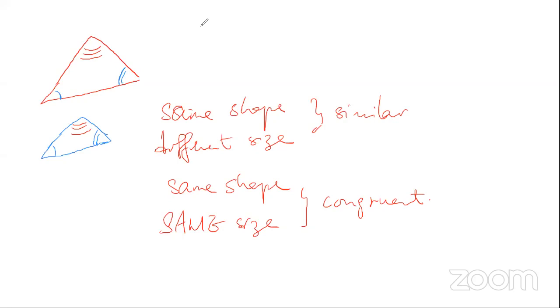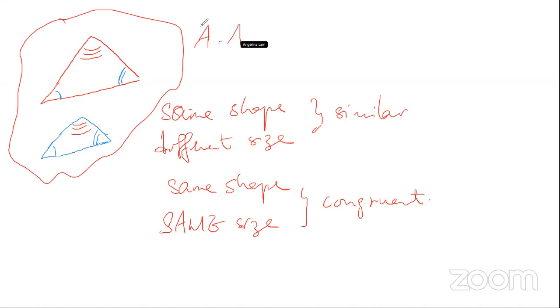Therefore, there's one case where you can tell whether two triangles are similar: you check the angles. If you can confirm that all three pairs of angles are equal, then we say that the two triangles are similar. When we talk about similar triangles, the symbol is just this one. This is the symbol for similarity.